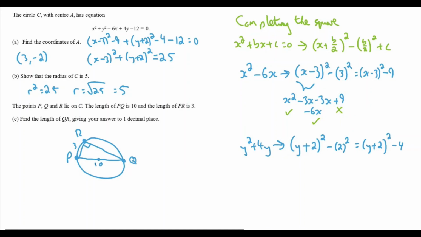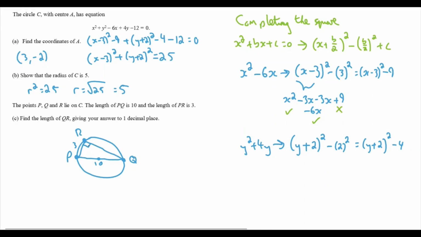Because if we again think back to circle theorems, if you have a triangle within a circle where all 3 corners of the triangle are touching the circumference, and one of the side lengths equals the diameter, the other corner must be 90 degrees.